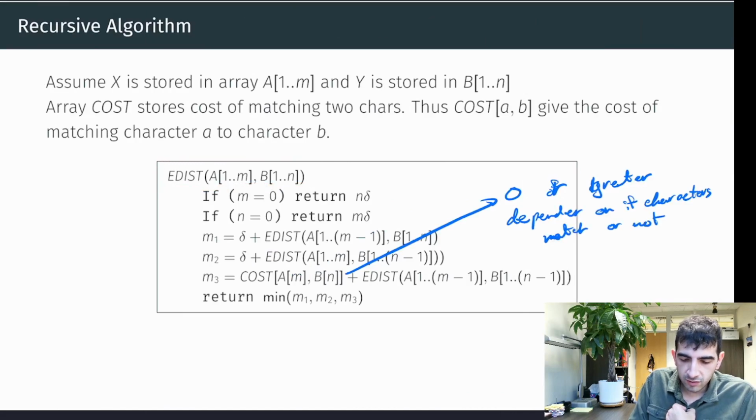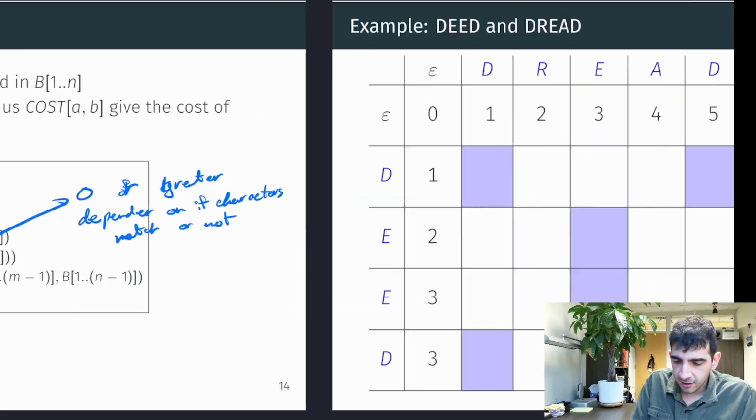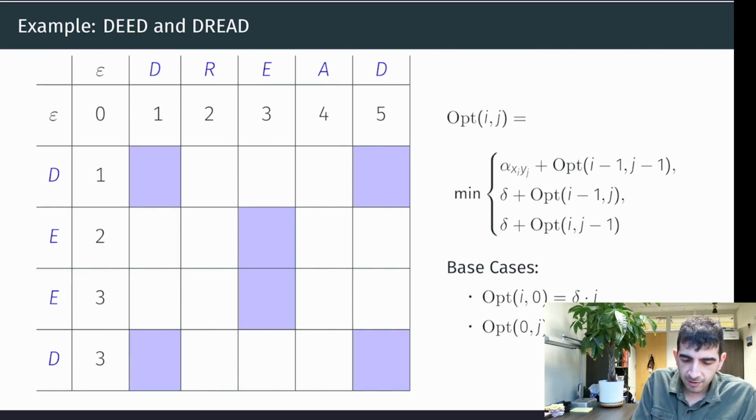Well, each of the second input is one of n prefixes of B, and we have one of n prefixes of A.